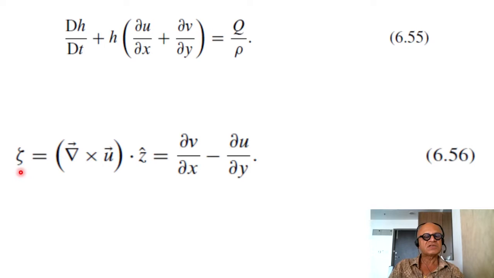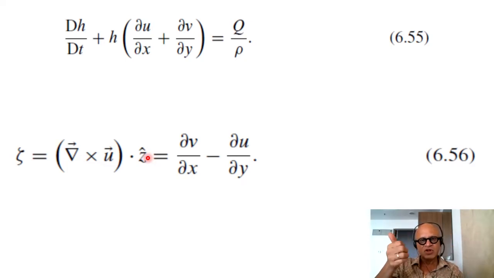So this is vorticity zeta equals the curl of the velocity vector, curl cross, or grad cross u, dotted with the z unit vector. So we are looking for vorticity in the local horizontal plane. Remember, we are still on a sphere, but we are locally going either into an f plane or a beta plane, and we are going to derive local vorticity around the vertical axis.